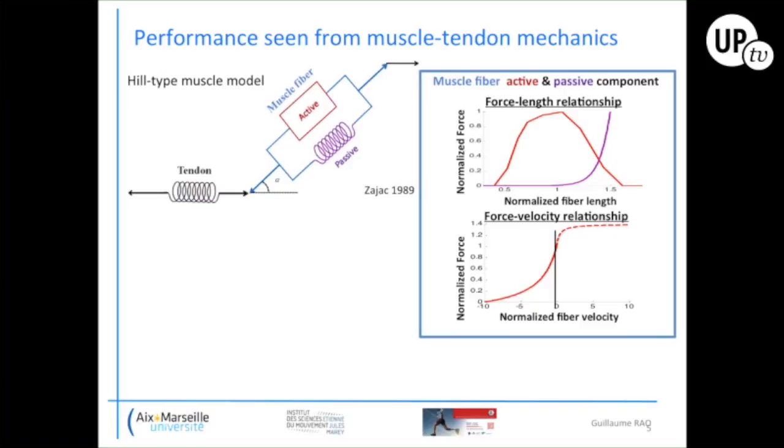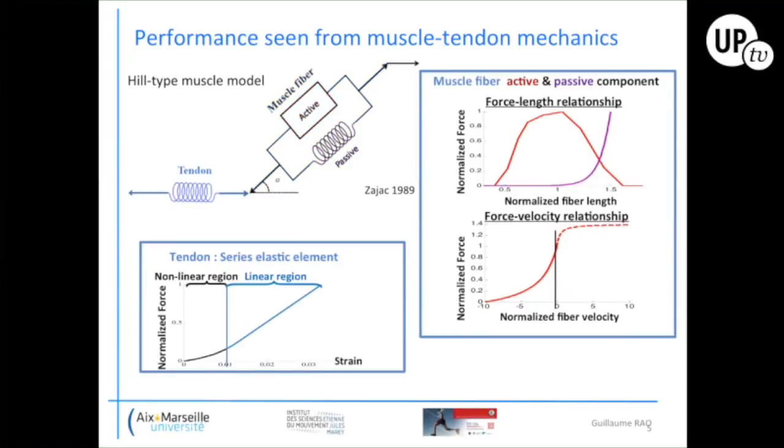And this fiber is coupled with a tendon, which also has some highly nonlinear features. Combining these elements into a single model can give us insight into the inner functioning of the muscle.